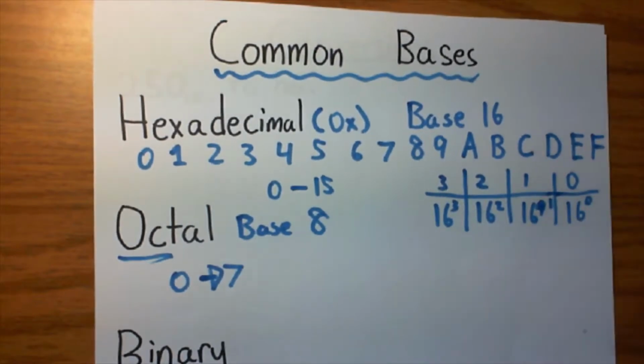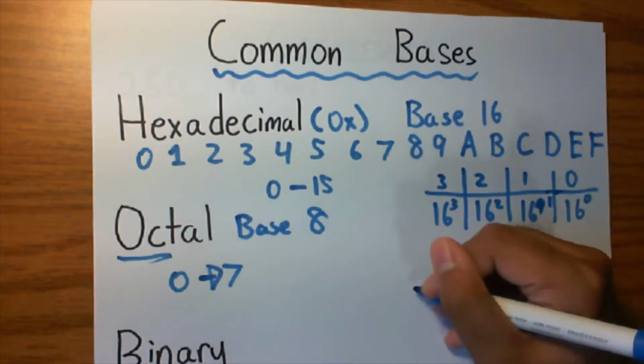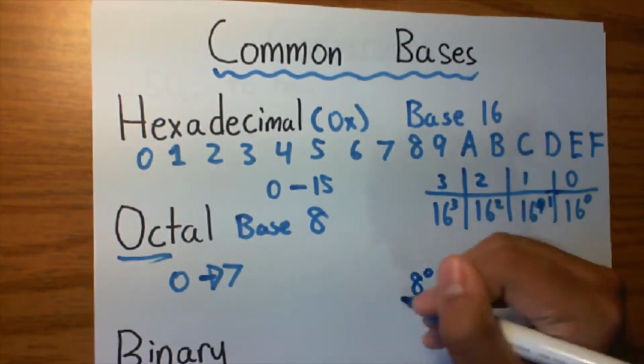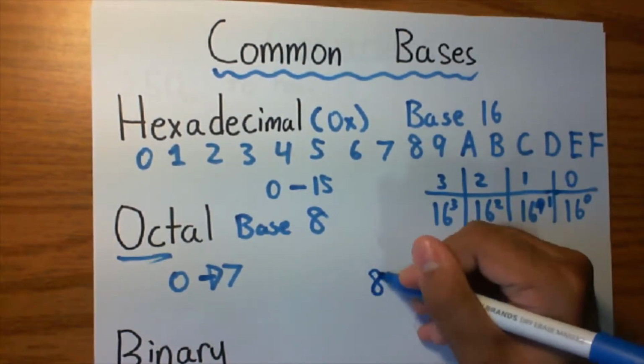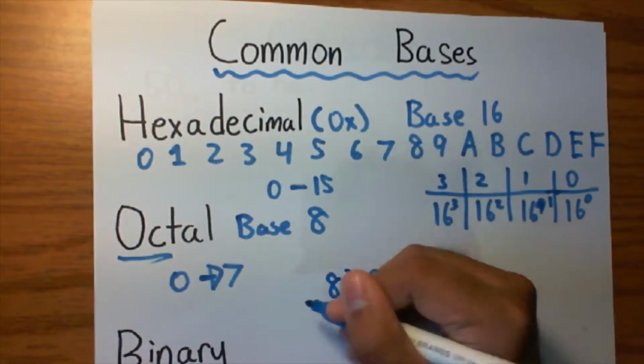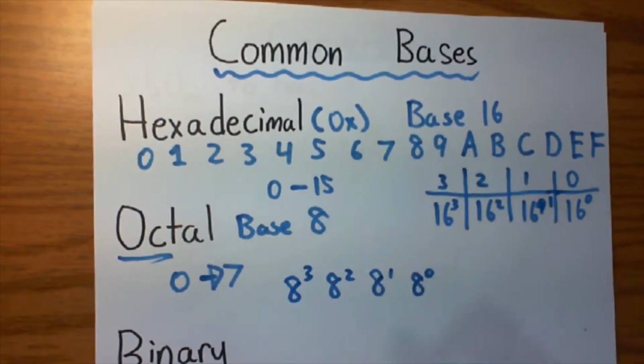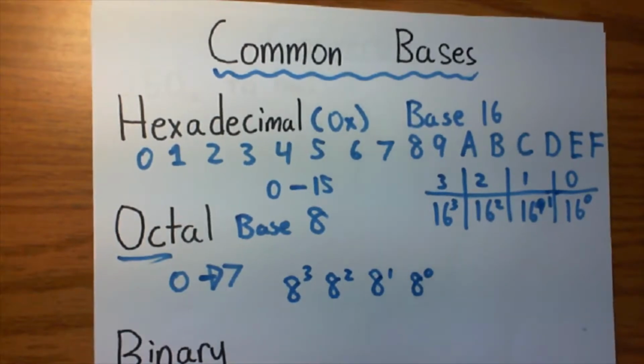So that's why I'm just going over the ones that are actually common and useful. So this is 0 to 7, and for the actual digits, we'll have digit 0 as 8 to the 0, then 8 to the first, 8 to the second, 8 to the third, and so on. So that's all you really need to know for octal.